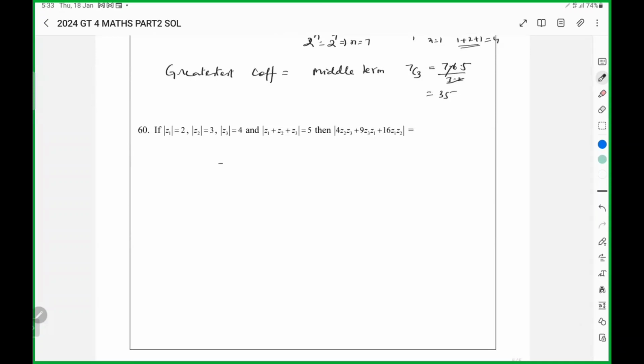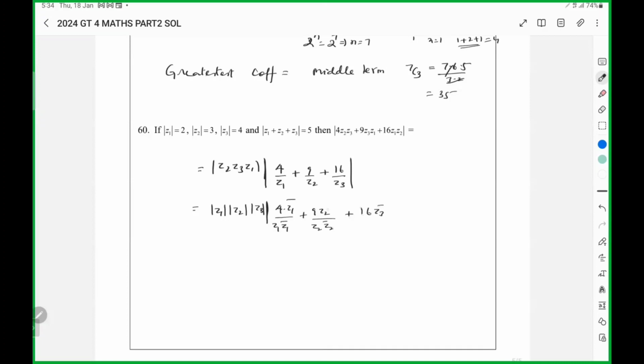So this problem, I will take common. Immediately guessing strategy is difficult, but here it is mod Z1 into mod Z2 into mod Z3. Here I am rationalizing with Z1 bar, similarly Z3 bar.